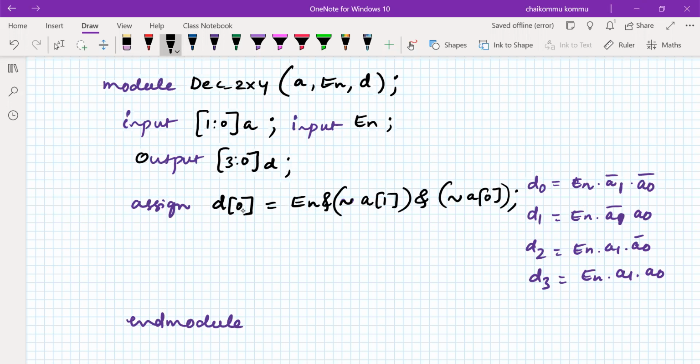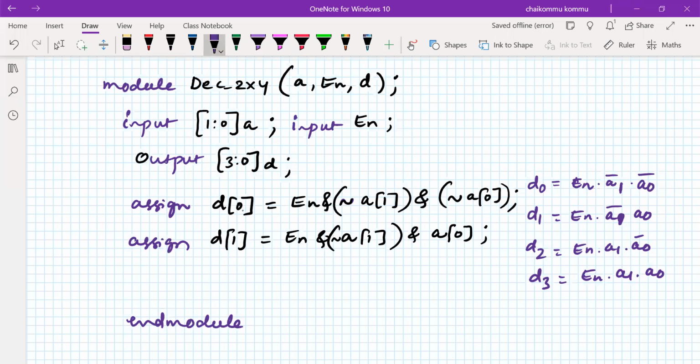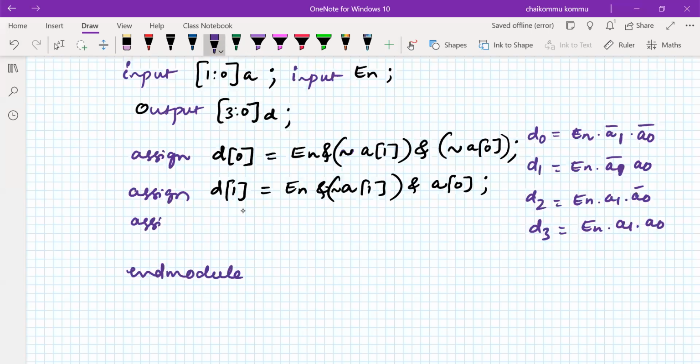The next one is assign D1 is equal to enable and A of 1, not of A of 0.